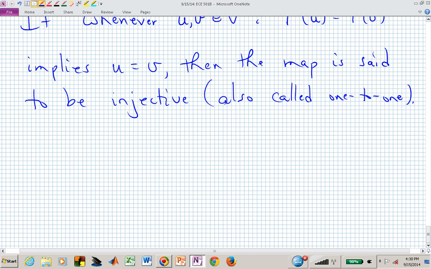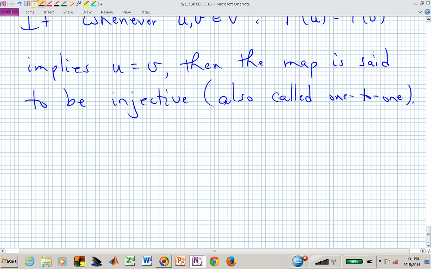So now, whenever we have the result of our linear map from two different vectors, let's say U and V, and those results are equal, if the map is injective, that means that the two vectors that you started with had to be the same. So that you get the same result for any one point that you start with, or any vector that you begin with. It's one-to-one.